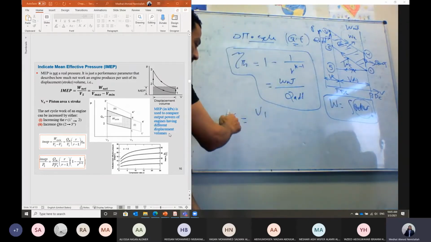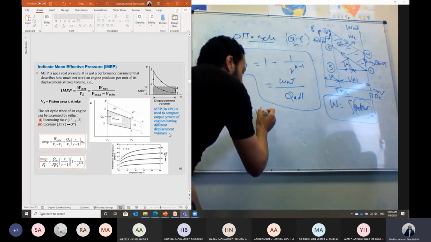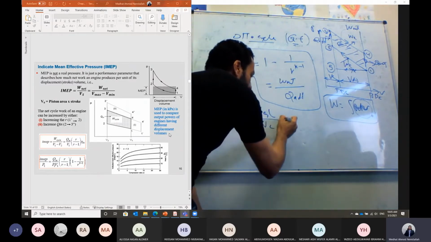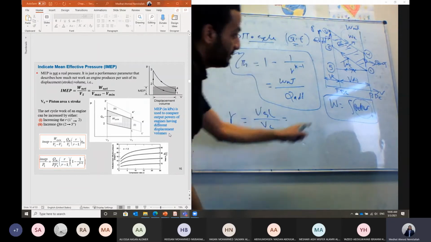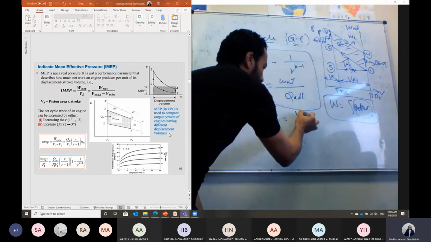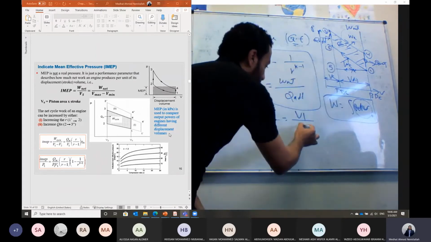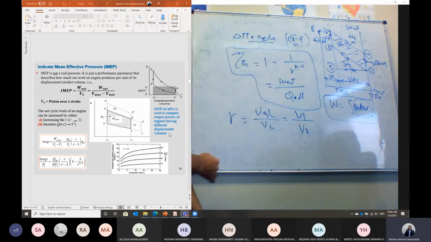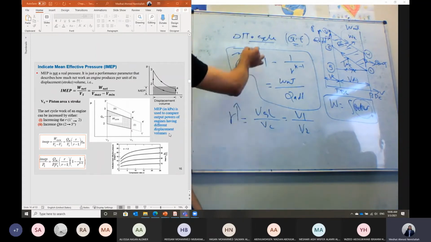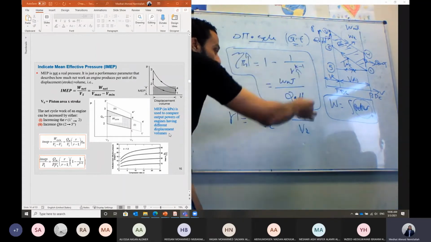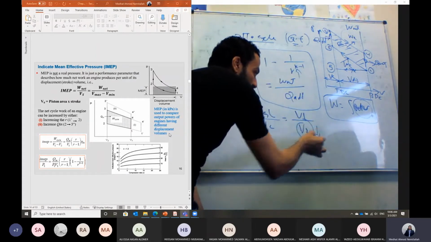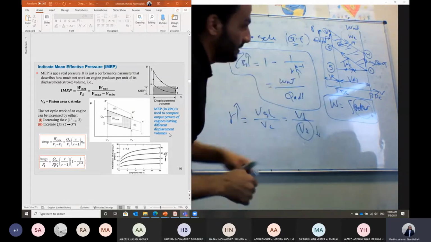The compression ratio is equal to the cylinder volume at point 1, V1, divided by the clearance volume, which is the volume at point 2. To increase the compression ratio, and so the efficiency, we have to reduce V2, or reduce the clearance volume.